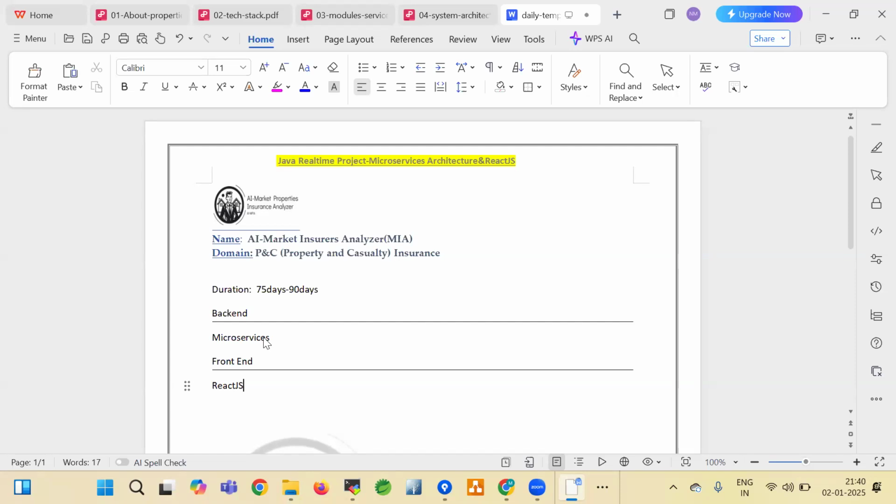If any uncertainty occurs, the insurers will provide the insurance coverage. But the Market Insurers Analyzer, MIA, is not dealing with health insurance. It is dealing with property and casualty insurance.